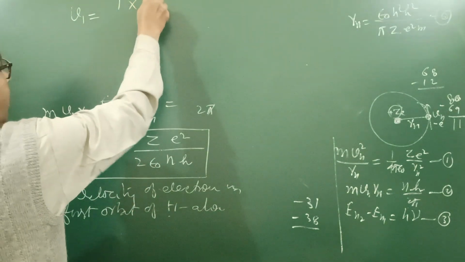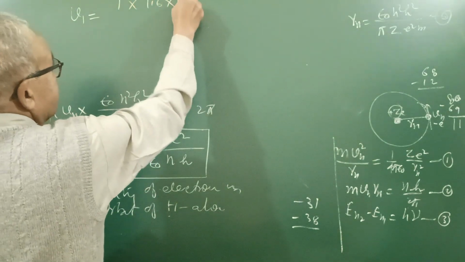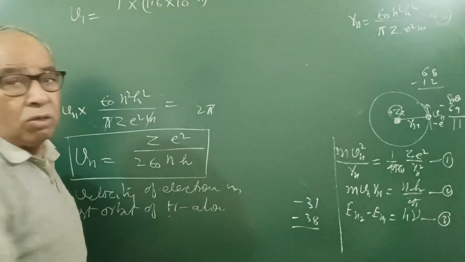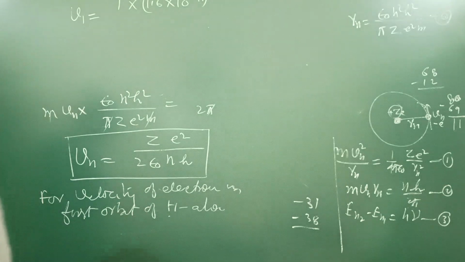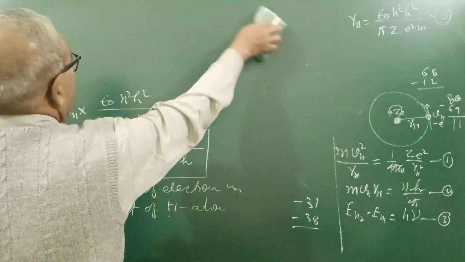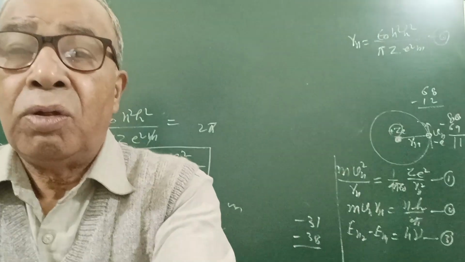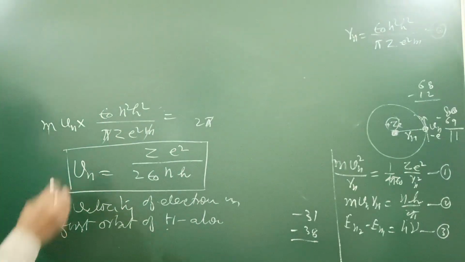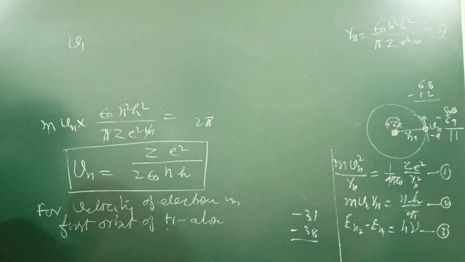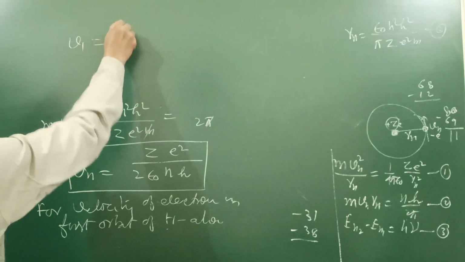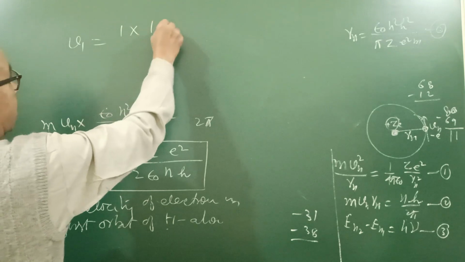Oh, it is not visible. V1 equal to 1 into 1.6.